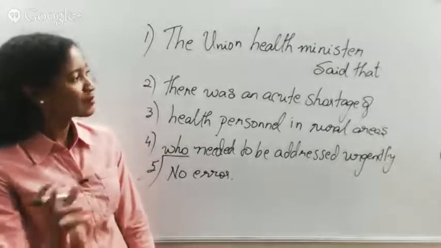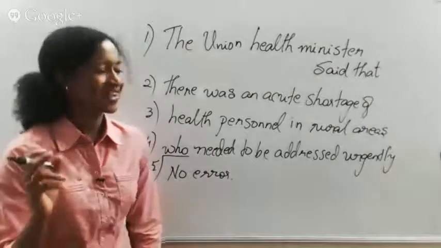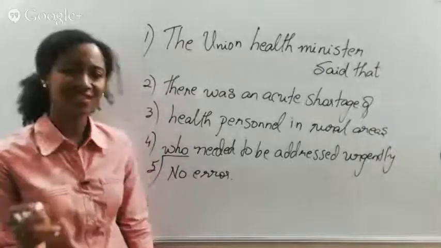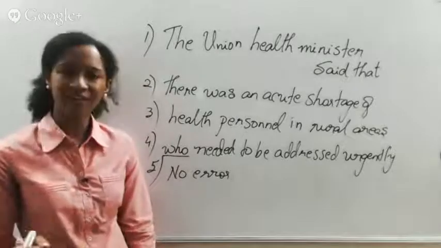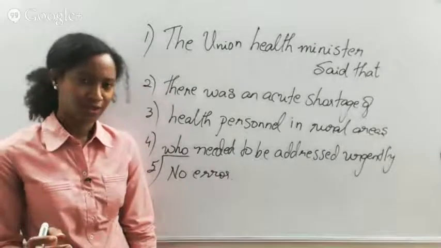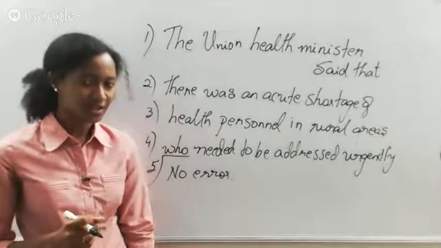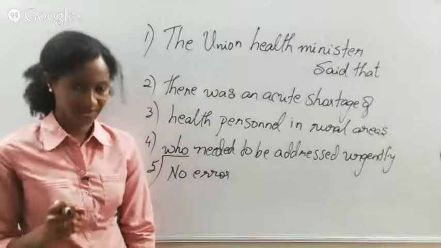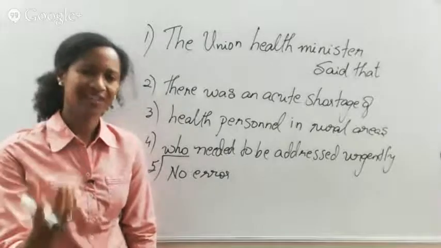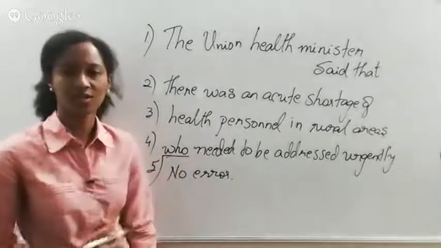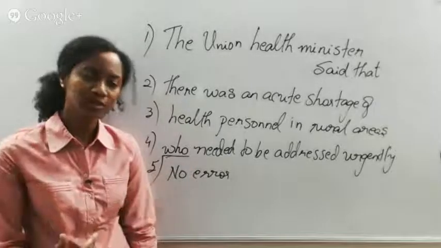The Union Health Minister said that there was an acute shortage of health personnel in rural areas who needed to be addressed urgently. Okay, so I understand in this context, the situation has to be addressed, right? Situation means it's a thing. Who is for persons. So what do I replace who with?